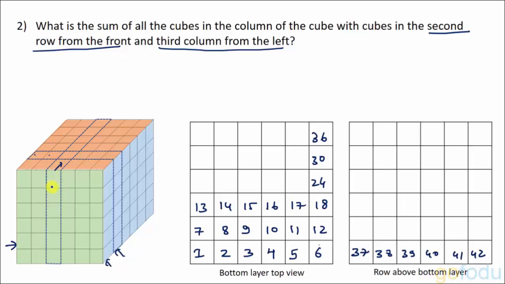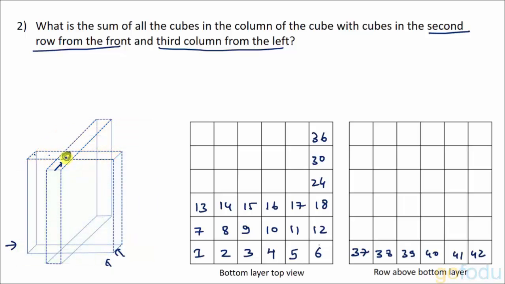So this row and this column simply means we are talking about this cube and all the cubes which are below it. If we look at it in the bottom layer top view, second row will be this row and third column will be 1, 2, 3, this column.